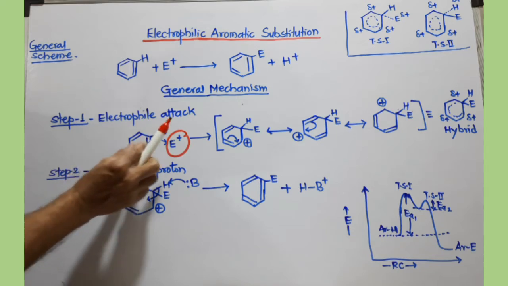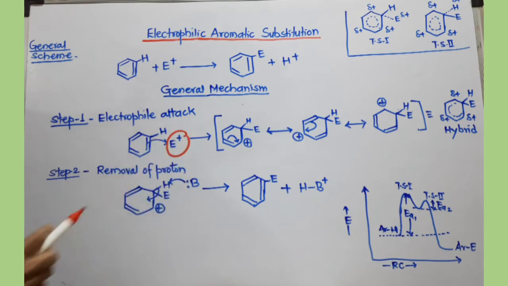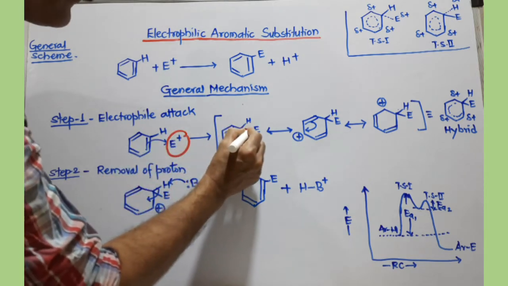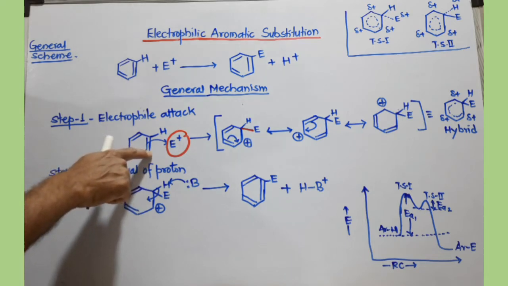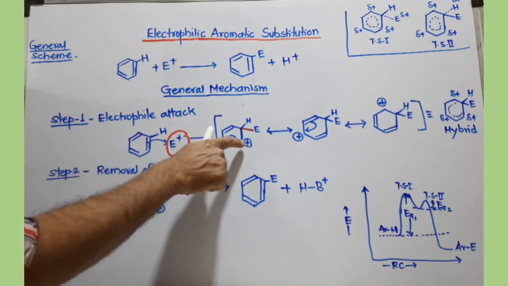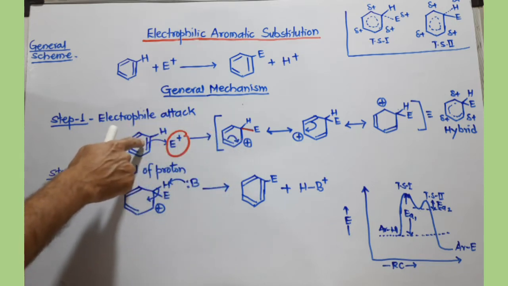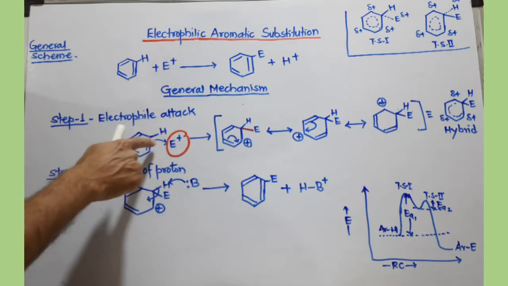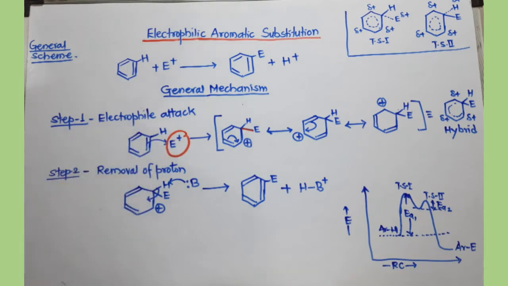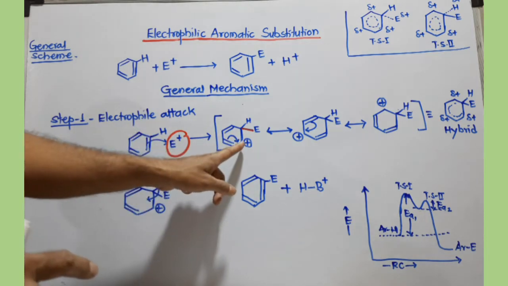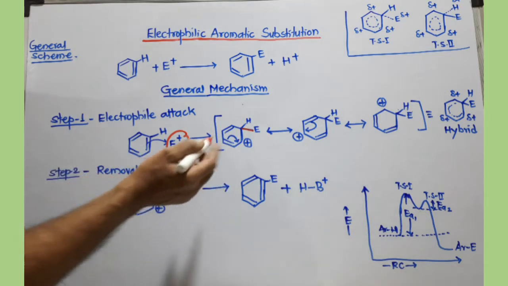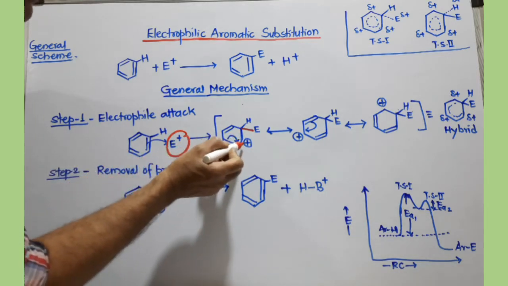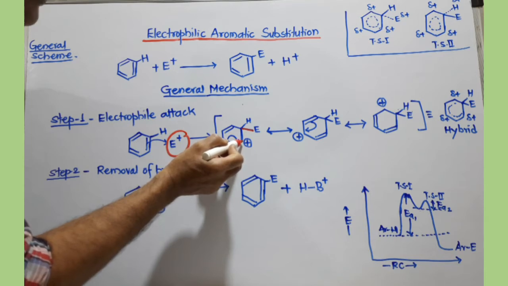Then you can check the formal charge of the carbon which is just generated when this pi bond is used to join the incoming electrophile. On this carbon there will be 3 electrons and we need 4 electrons for a neutral carbon. Because of this, a positive formal charge is developed on this carbon.